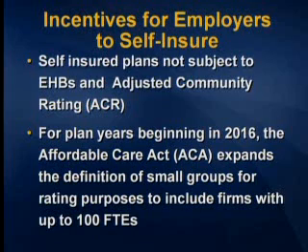Now the federal government is saying that we consider small groups for rating purposes to include firms with up to 100 FTEs. So the idea is to force firms up to 100 FTEs into the full small group market to strengthen that. But some of these employers don't want to go there, so they've decided to self-insure to avoid that.